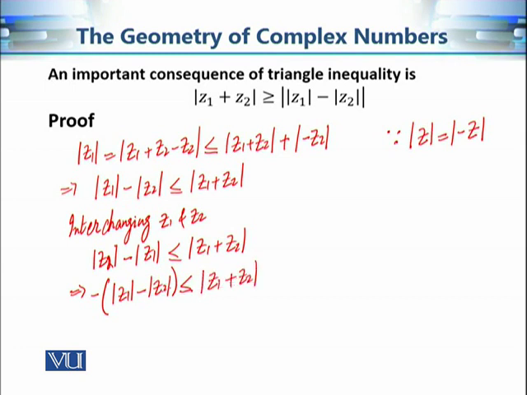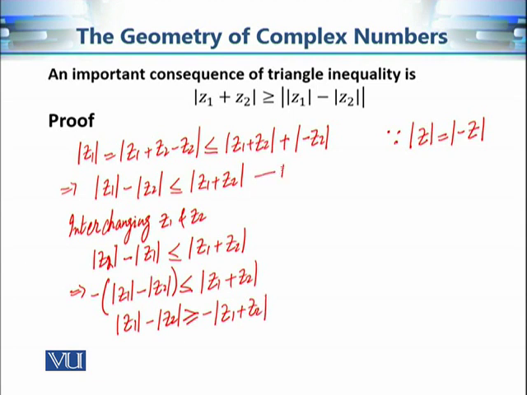If I multiply both sides with minus, then I'll be getting |Z1| minus |Z2| is greater than or equal to, since when we multiply with a negative sign, the sign of the inequality changes, minus modulus of Z1 plus Z2.